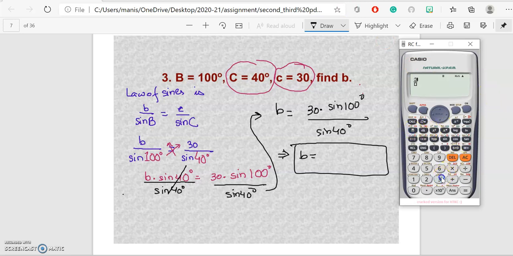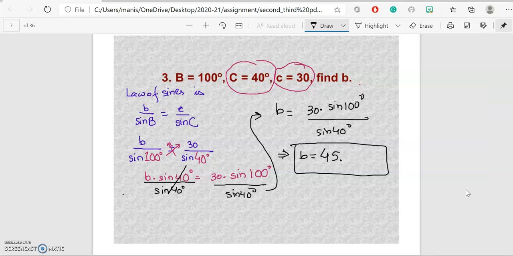This is my 30 times sine of 100. I will close parentheses and in the denominator I am having sine of 40 degrees. Close parentheses and this is my answer over here, 45.96. So my value of b is 45.96 and this is my answer for this question.